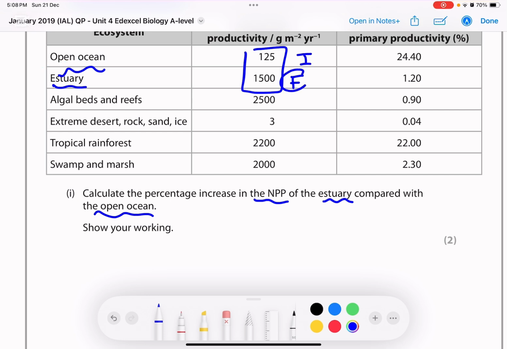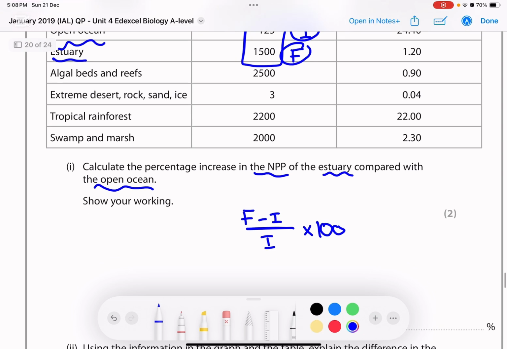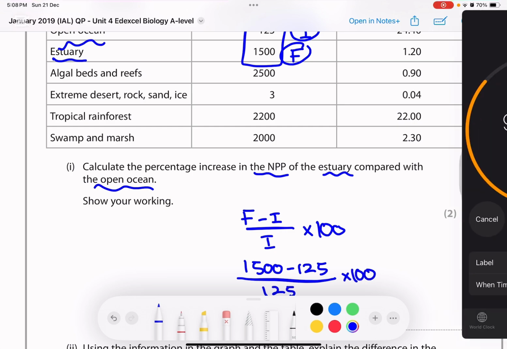The final must be greater than the initial. And we know that percentage change is final minus initial over initial times 100. So the percentage increase in this case is going to be 1,500 minus 125 over 125 times 100.